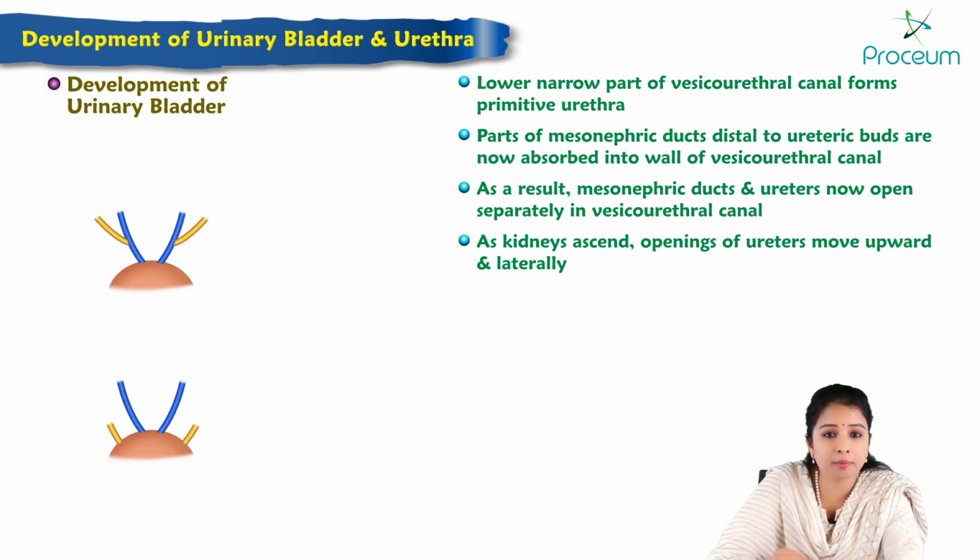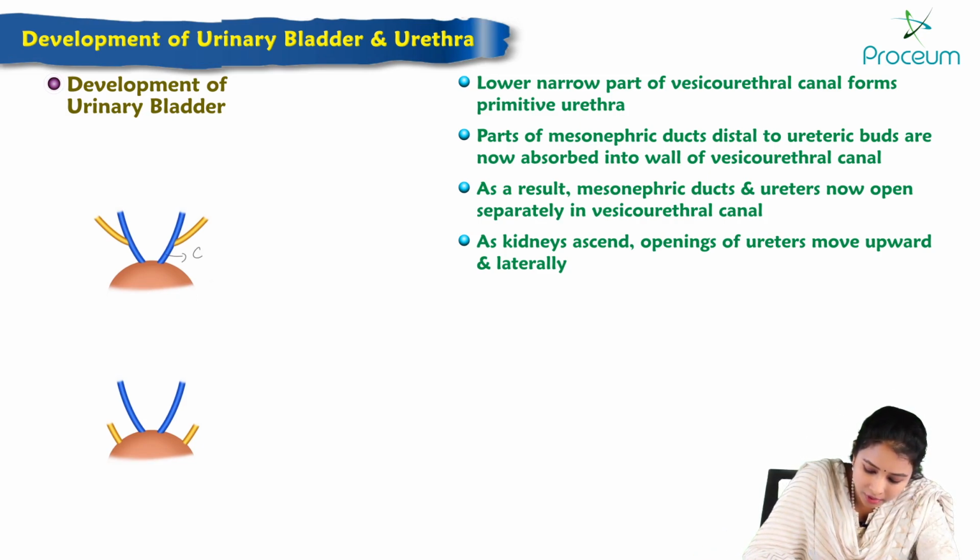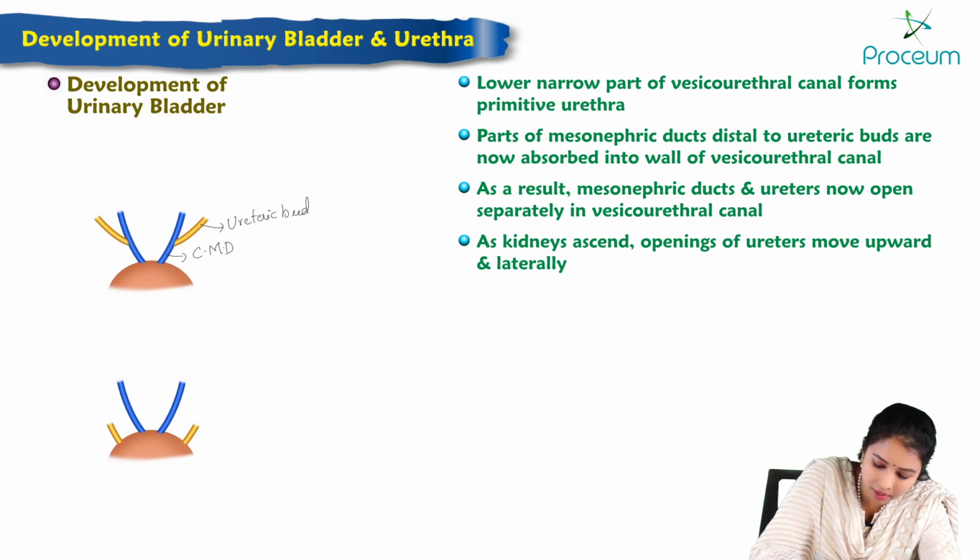So here is a schematic image for us to understand how the mesonephric ducts and the ureteric openings become separate. Initially this is the common mesonephric duct, and this is the ureteric bud, and this is the mesonephric duct.